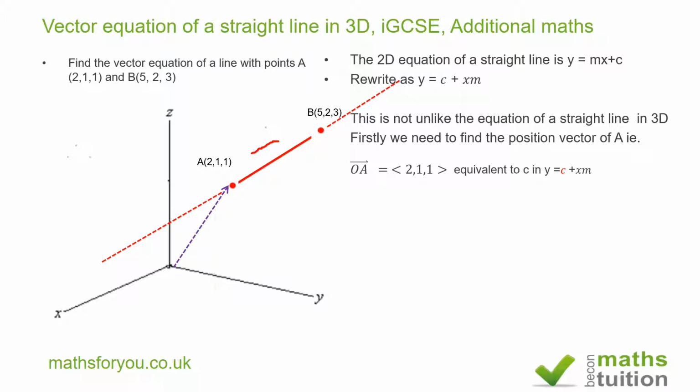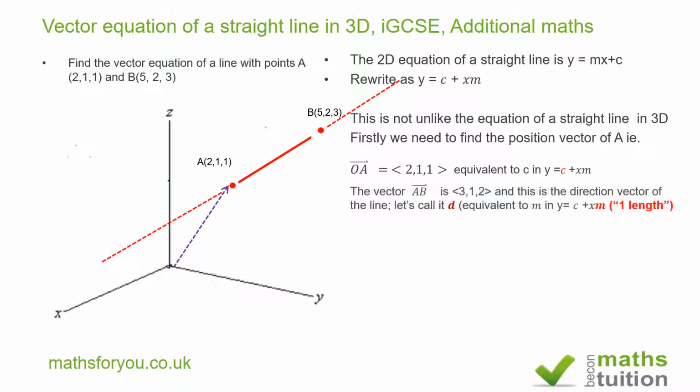Now, to do that, we should subtract the coordinates of A from the equivalent coordinates of B. So we do 5 minus 2 is 3, 2 minus 1 is 1, and 3 minus 1 is 2. So this one here is now the components of vector AB.